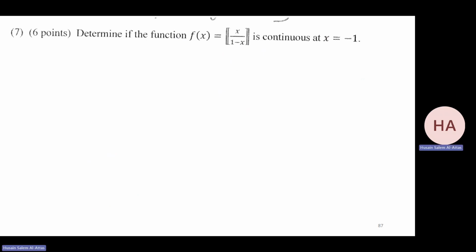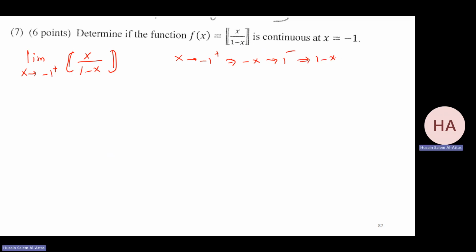Is the function continuous at x equal -1 or not? I will check the limit as x goes to -1 from right for this function. How to check this limit? You notice as x goes to -1 from right, minus x will go to 1 from left.